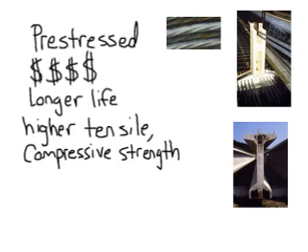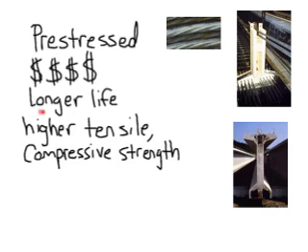In other words, they apply a force which increases the tensile strength of the steel, and then they pour the concrete around it. So you can see here, this is applying the stress, applying a force, which increases the tensile strength. And then you can see the final product here with the concrete.